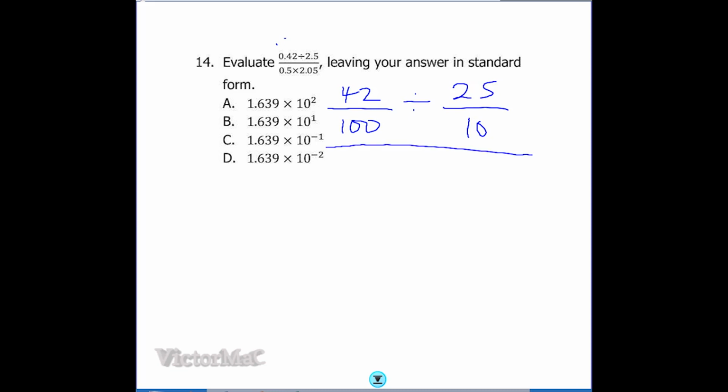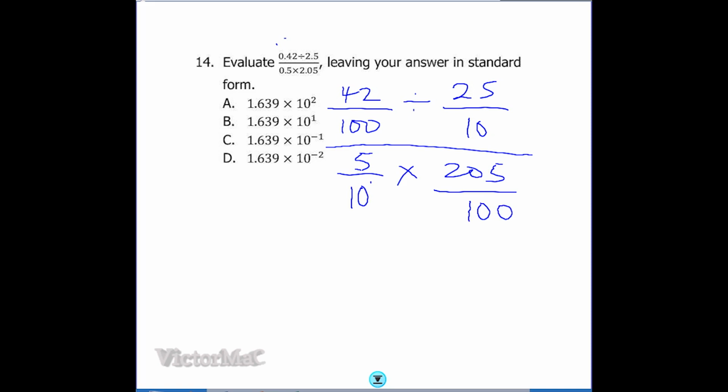Then the denominator of 0.5 is a 1 decimal place number, so we're going to divide 5 by 10 raised to power 1. All right, times 2.05. Just divide 205 without the decimal by 10 raised to power 2, because 2.05 was originally 2 decimal places, which is 100.